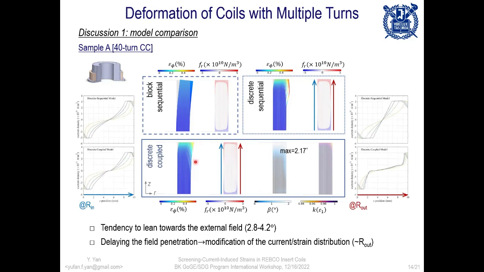And this will in turn modify the current distribution and effectively delay the field penetration process. It's also shown that this effect is much stronger on the outer side, shown on the right, compared to the left, which is the part closer to the inner radius of this winding pack.